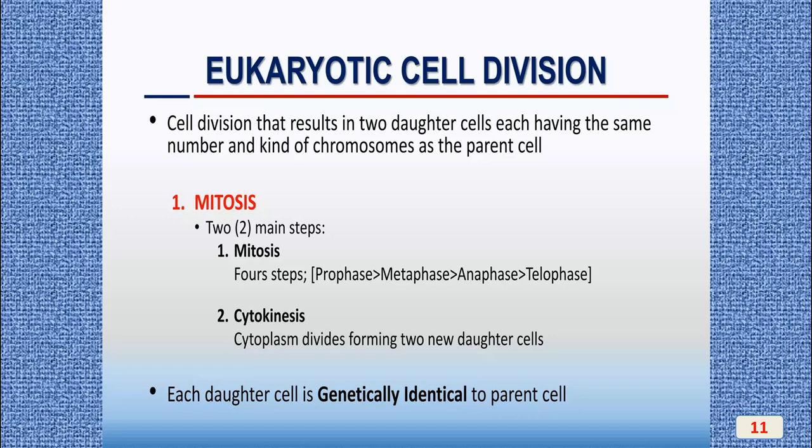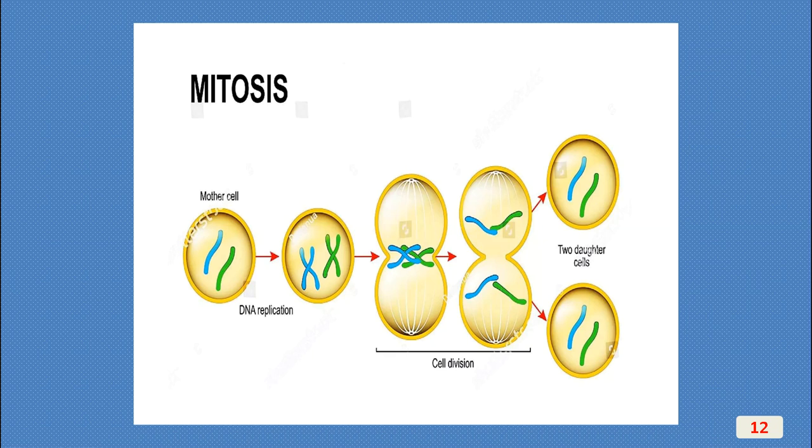The DNA strands are replicated and divided into two daughter cells, which are identical to the mother cell, and they share the DNA equally between the two cells.